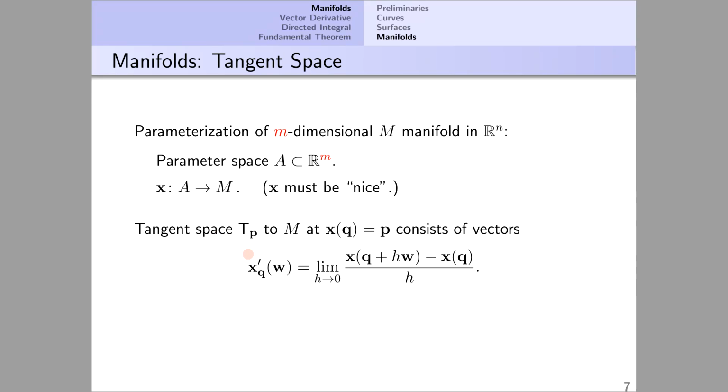The tangent space T sub P to M at P consists of vectors of this form. Theorem. Each of these tangent spaces is an Rm, just as for the case of two-dimensional manifolds, for surfaces, each T sub P was a two-dimensional vector space, a plane.